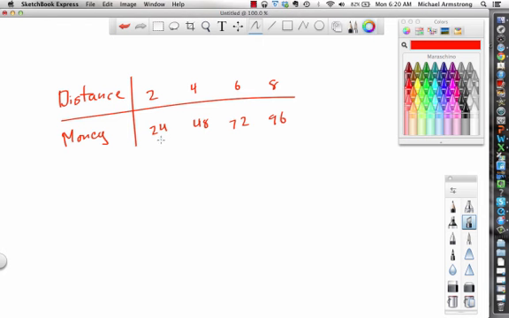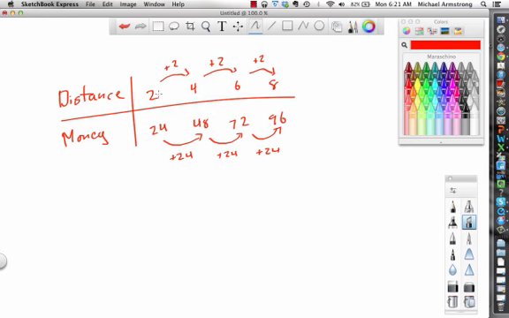All right, so they want you to notice that this changes by adding 24. 24 plus 24 is 48, and we can do that again, and we can do that again, and it keeps working. Then the change up here is just by adding 2. So every time we change, we add 2 more.